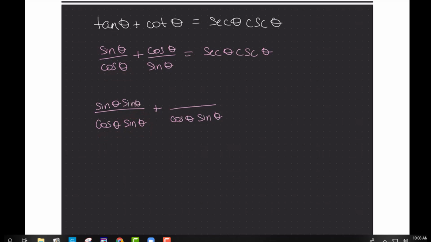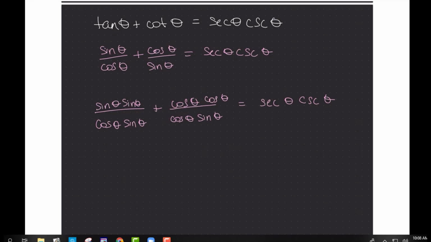And my second one, my original had the cosine theta. What did I multiply my denominator by? Cosine. So what do I got to multiply the top by? Cosine theta. Equals secant theta cosecant theta.